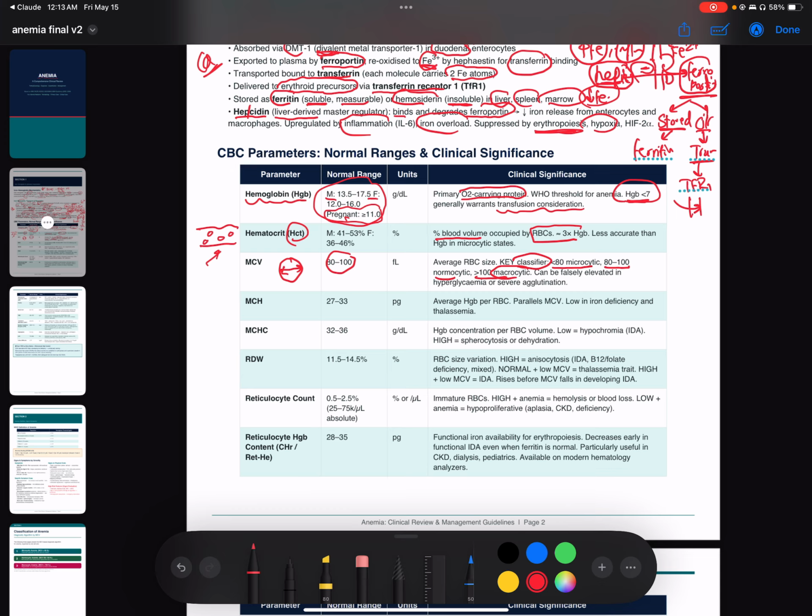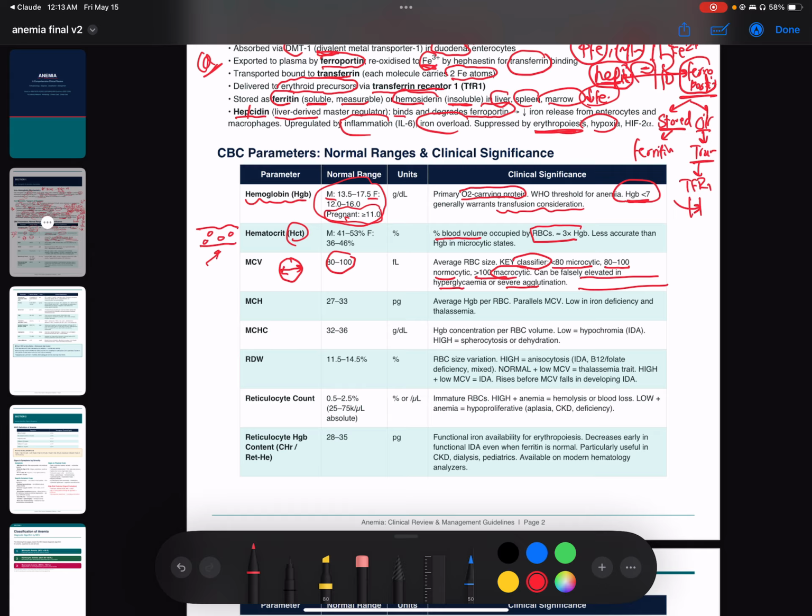The thing with the MCV is that it can be falsely elevated in hyperglycemia, severe agglutination, or dehydration, because imagine here the bloodstream, and we have the plasma, the different electrolytes, glucose, RBCs, platelets.